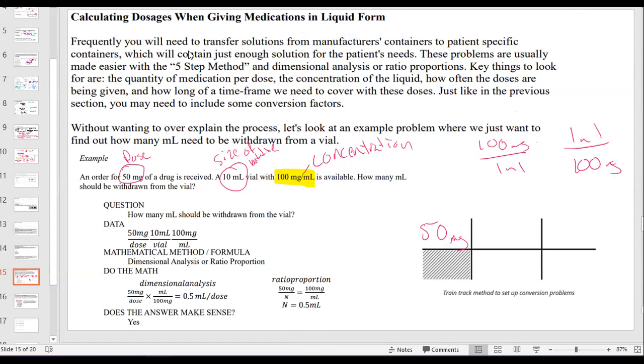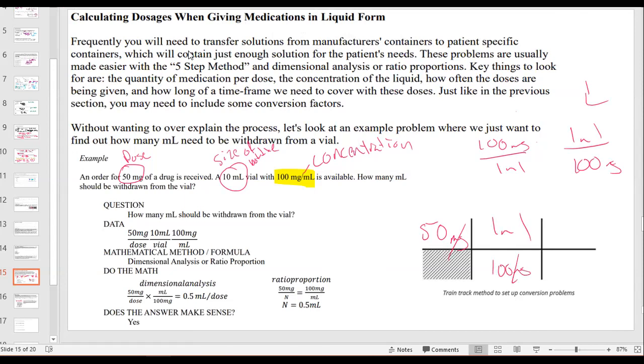So for right now, which one am I going to need in order to plug it into my train tracks here? This one, right? Because I need to divide by 100 milligrams in order to cancel the 50 milligrams, over 1 ml.